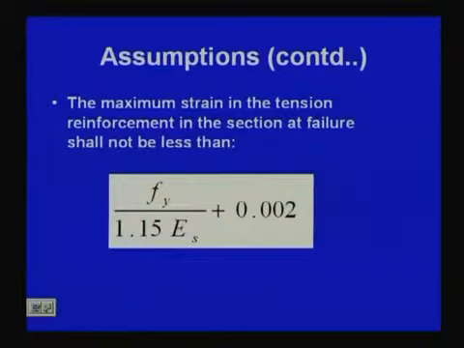So, for different grades of steel we shall get different limiting strain. We have three types of steel: Fe 250, Fe 415 and Fe 500. Most of the cases we use Fe 415, and for mild steel we use Fe 250.